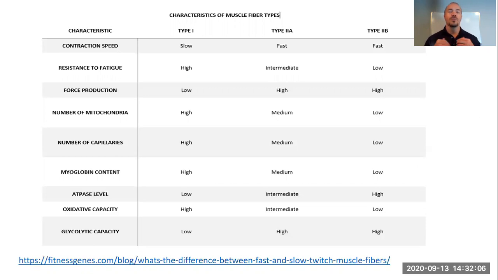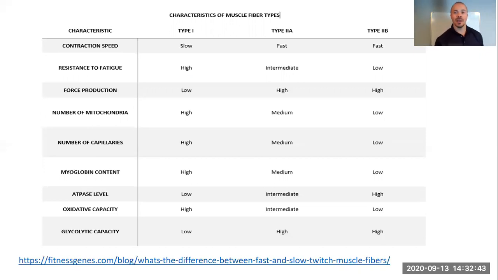Because although it may seem great and productive to really challenge our sprinters to put more miles on their shoes every week, if we end up challenging them to do things that are too similar to a type 1 muscle fiber athlete, then they're going to become a little bit more like a type 1 muscle fiber athlete. Their muscle fibers will actually transform and mutate to become more resistant to fatigue, but also to produce less explosive energy during contractions.